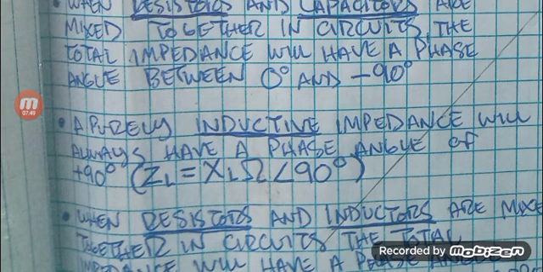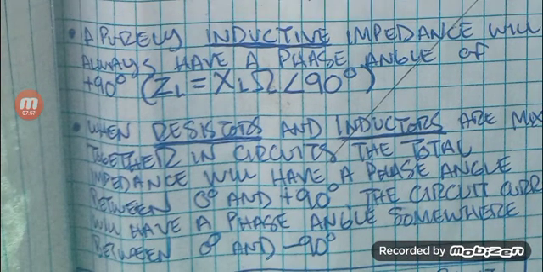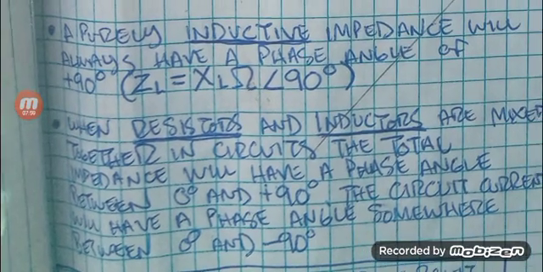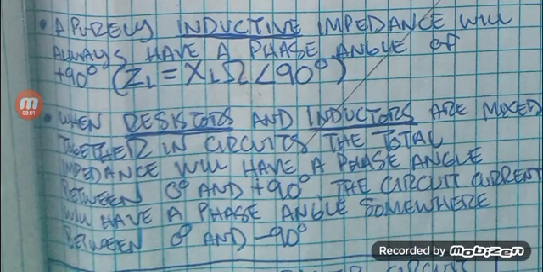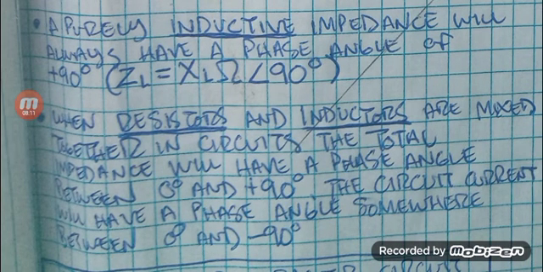A purely inductive impedance will always have a phase angle of plus 90 degrees. When resistors and inductors are mixed together in circuits, the total impedance will have a phase angle between 0 and plus 90. The circuit current will have a phase angle somewhere between 0 and minus 90.